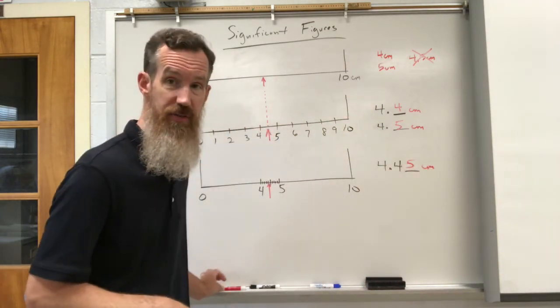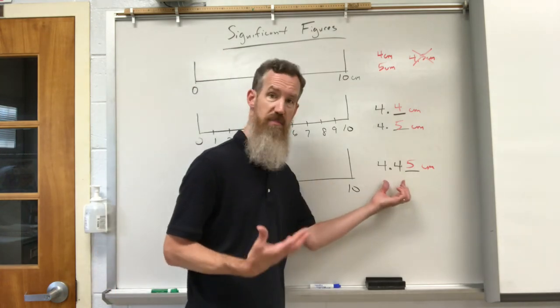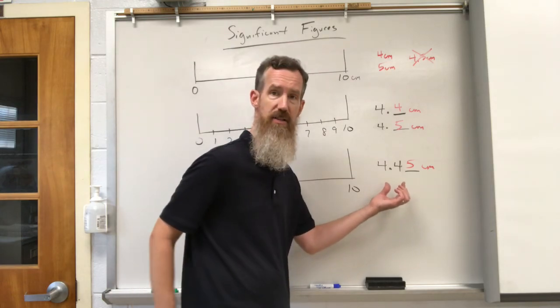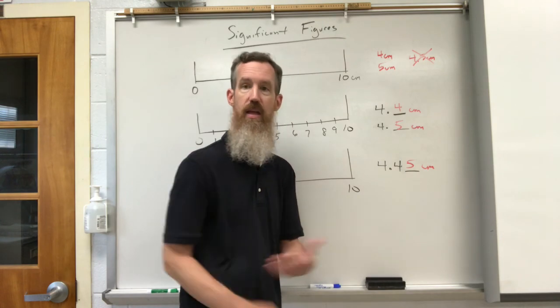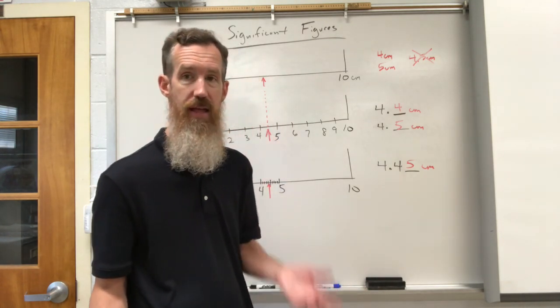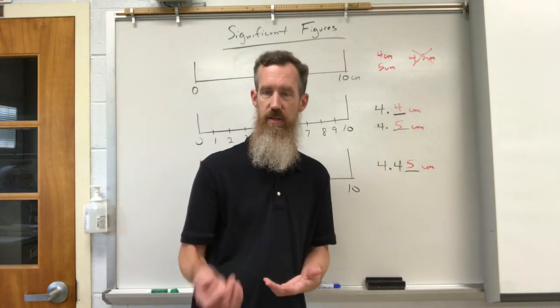This is 3 significant figures. It's 3 significant figures because there are 2 placements that are known. We know them to be definite. We know that the instrument allows us to know that, plus 1 additional guessed placement. That's the theory behind significant figures. Now, how we interpret measurements when they're given to us, we'll talk about next.